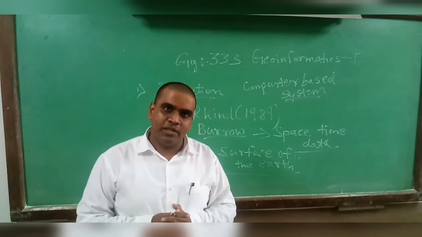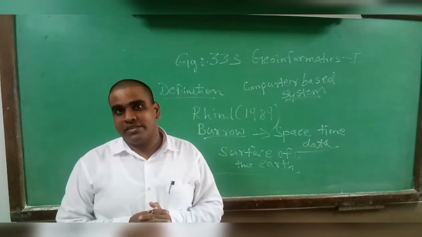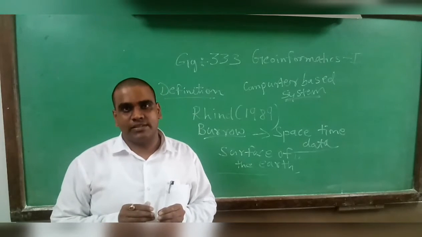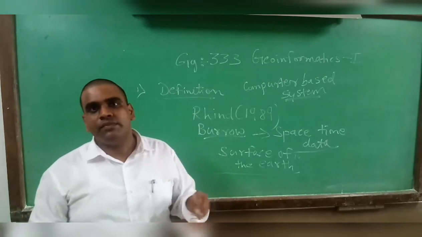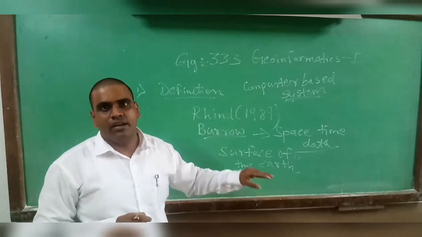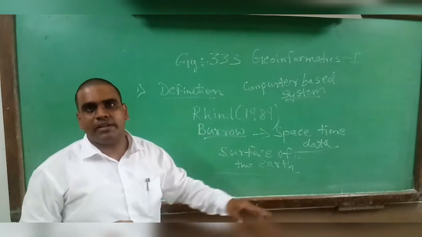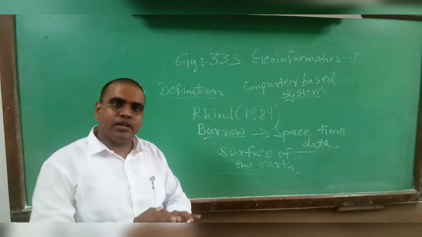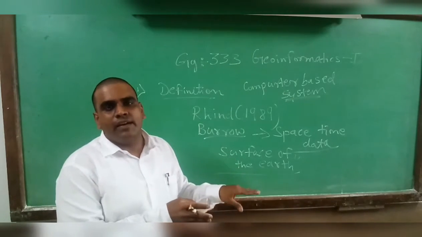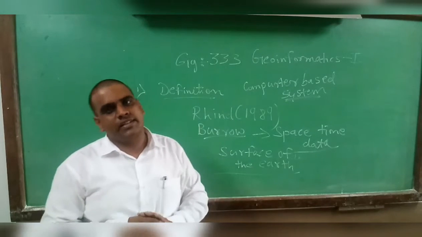So in a topo sheet we have both physical and cultural information. Suppose we are interested in retrieving some information from a topo sheet, it is a very difficult task. For example, if I am only interested in road data or a railway track or some drainage pattern, it is difficult to identify because there is a huge amount of data, and to sort out that data is difficult.